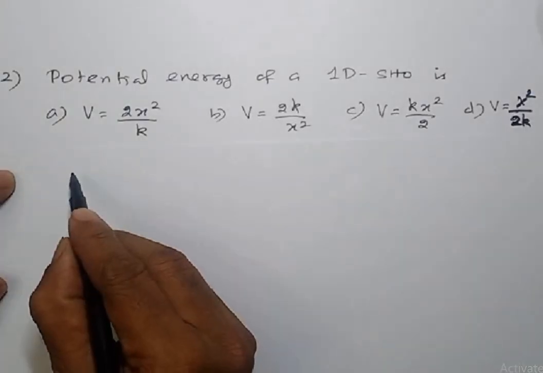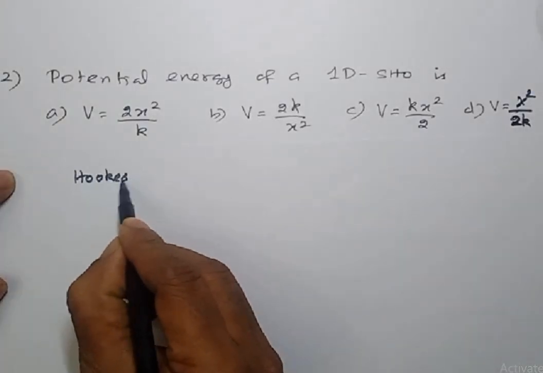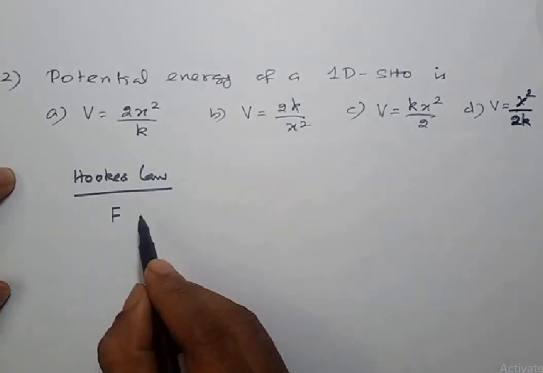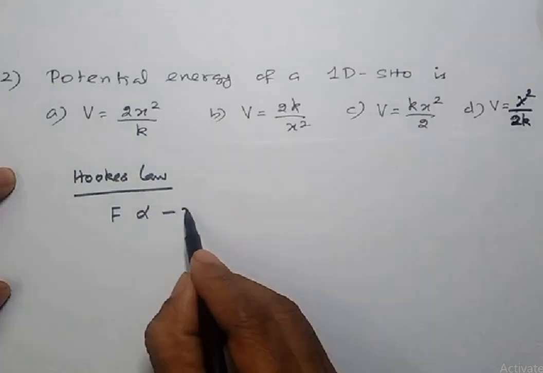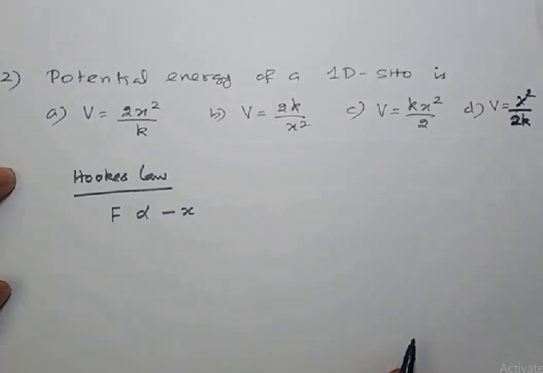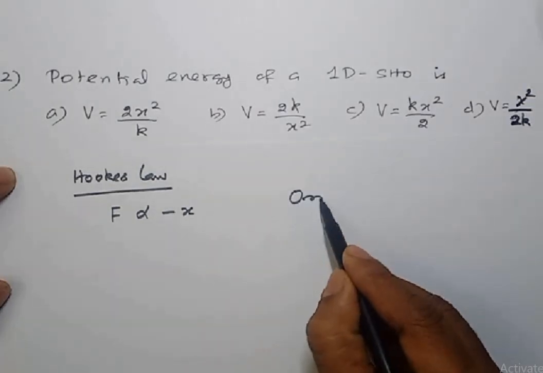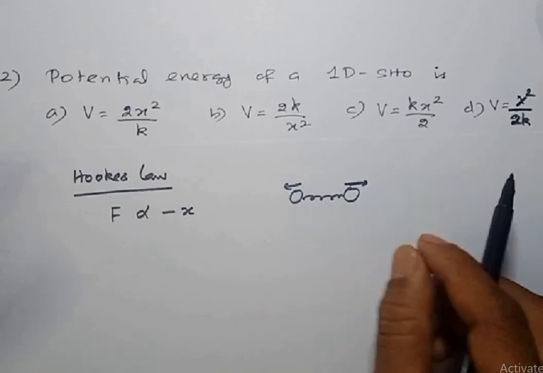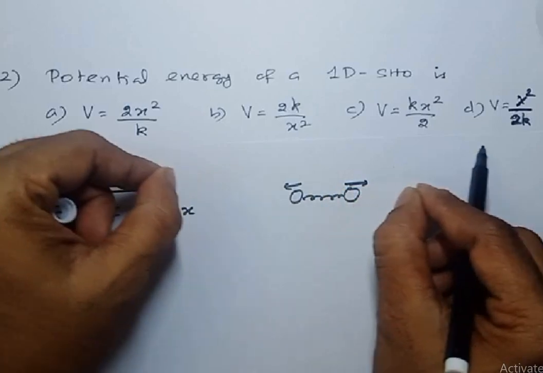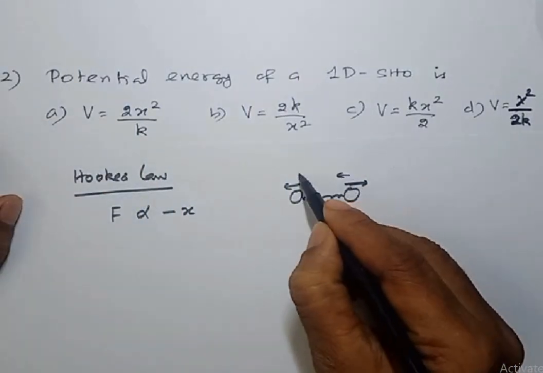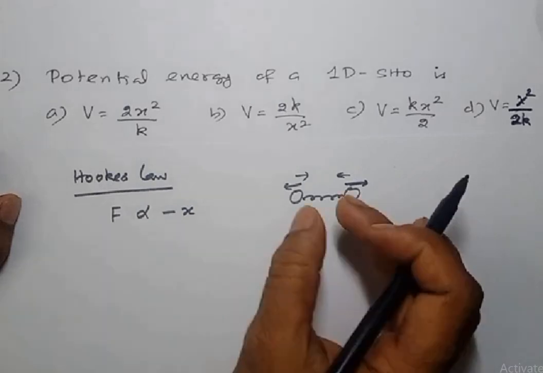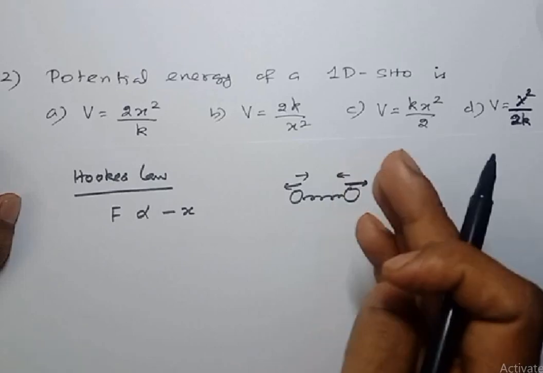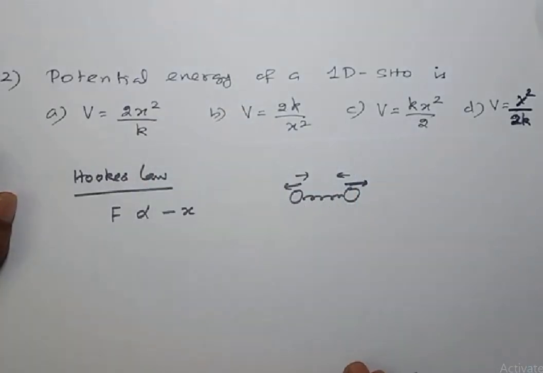You know very well, according to Hooke's law, the restoring force is directly proportional to minus the displacement. Whenever a molecule undergoes elongation, meaning the two atoms move away, some force will act in the opposite direction, which tries to keep the molecule in the equilibrium geometry.